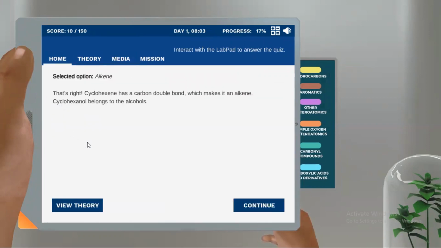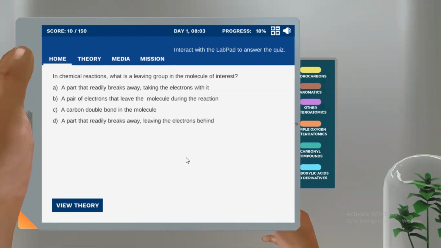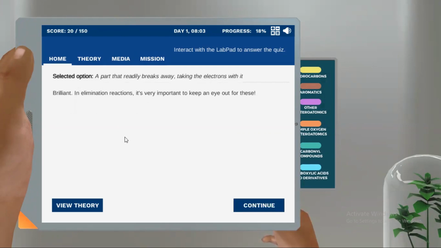That's right. Cyclohexene has a carbon double bond, which makes it an alkene. Cyclohexanol belongs to the alcohols. In chemical reactions, what is a leaving group in the molecule of interest? Brilliant. In elimination reactions, it's very important to keep an eye out for these.